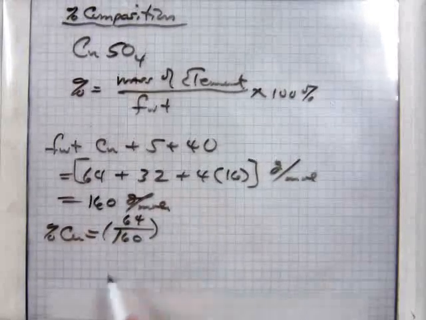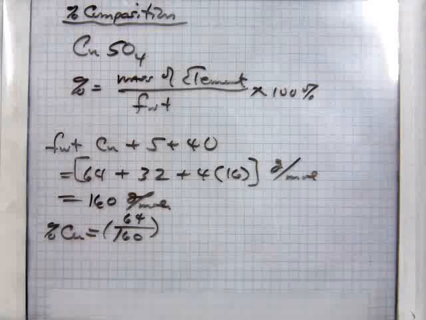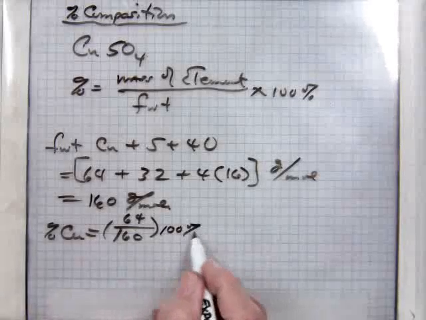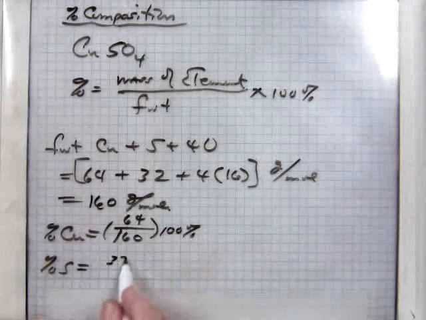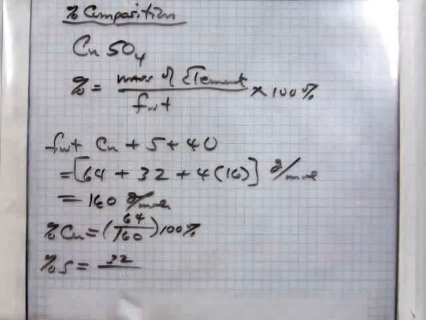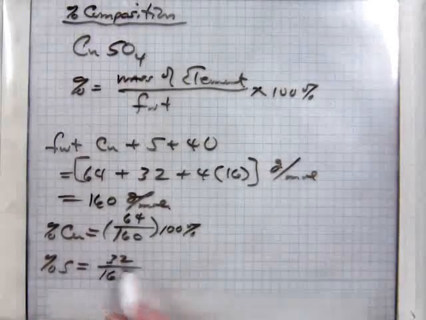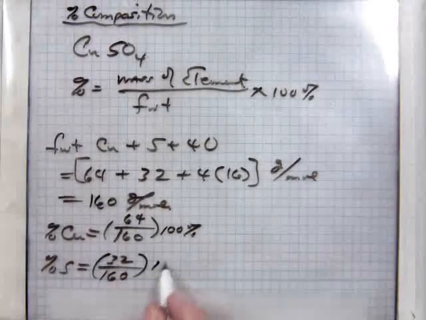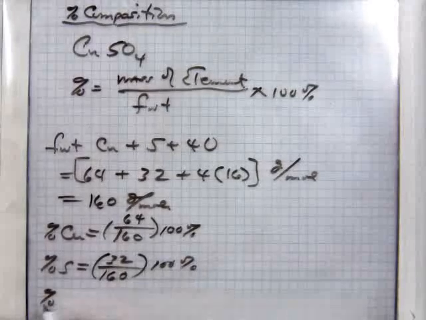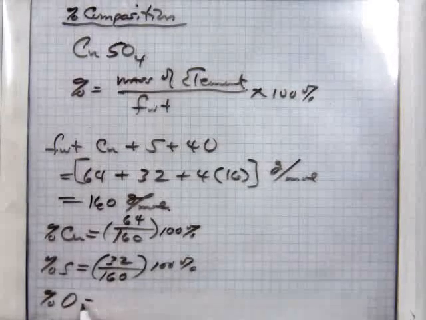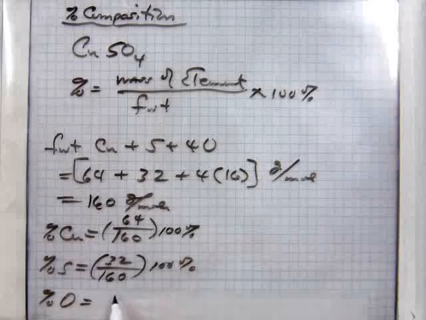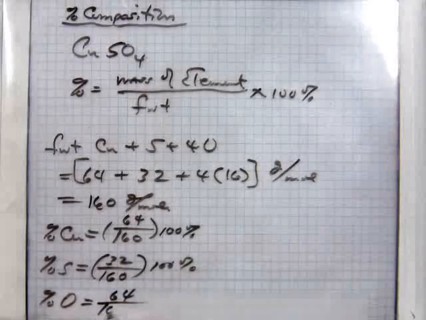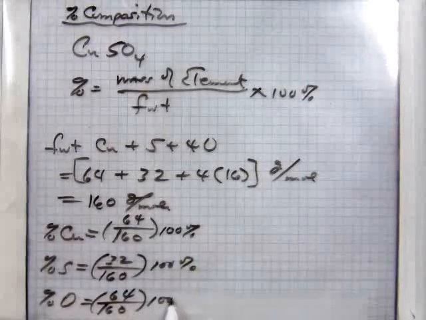Well, you really don't have to put the units down because they're going to cancel anyway, times 100%. And the percent sulfur is then 32 grams per mole divided by 160 grams per mole for the molecule, times 100%, and percent oxygen is 64 of 160 times 100%.